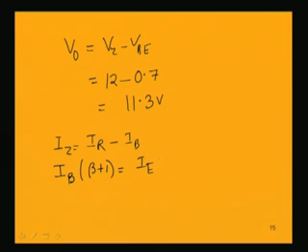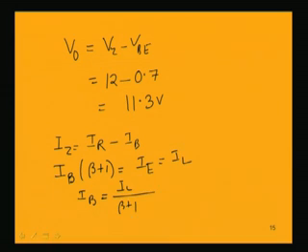So once we know IE, which is nothing but the load current, if we find V naught divided by RL, we will get the load current, and that is equal to IE, and then you can find out what IB is. So IB equal to IL divided by beta plus 1.